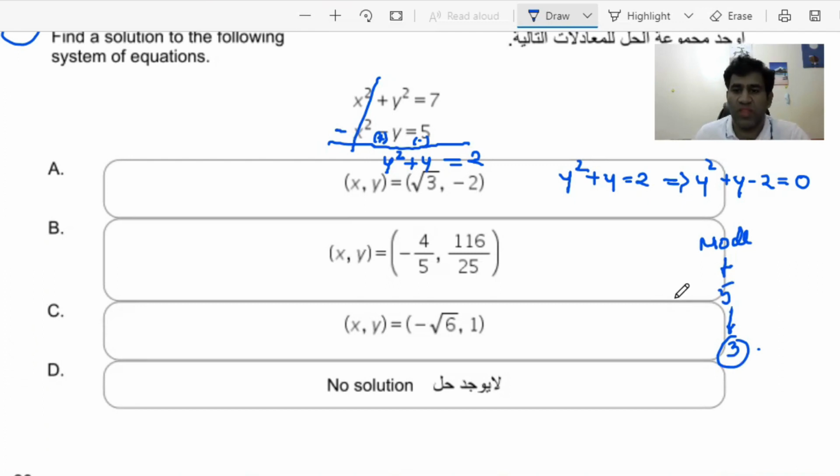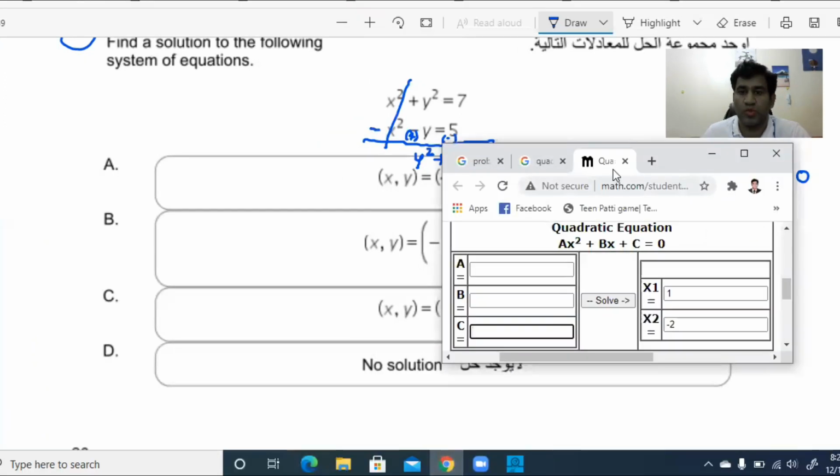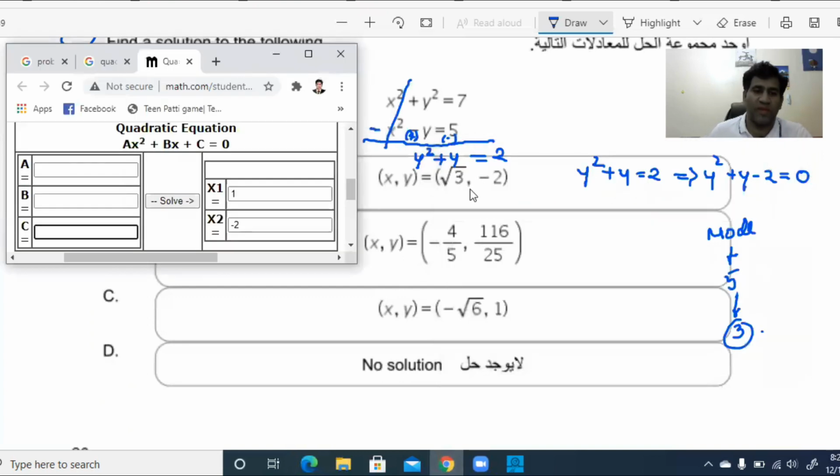I can show how to insert them in your calculator, but you follow your scientific calculator. I am just showing this for demonstration purposes, using the online calculator available here. Thanks to Google, which is convenient for demonstrating. Okay, the quadratic equation here is ax square plus bx plus c equals 0. We got it in the standard format.